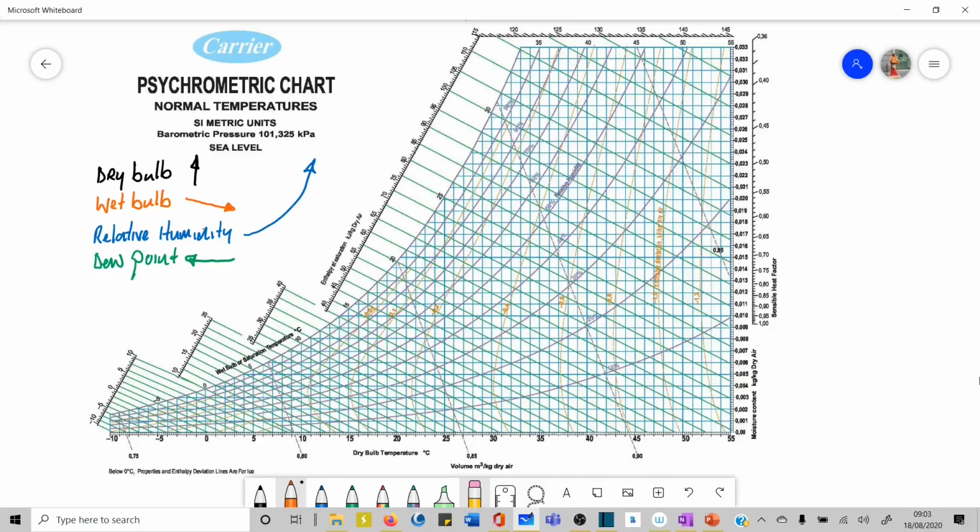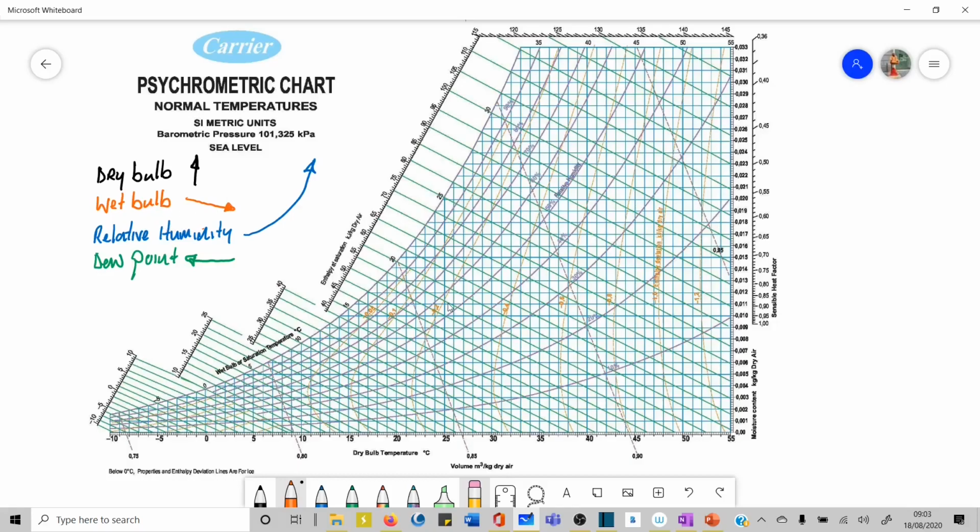What we're going to do is look at these different coloured entries on the left here. We've got dry bulb, wet bulb, relative humidity and dew point, and you'll notice that they're colour coded, and these arrows go in different directions to assist you in identifying the correct line against the correct meaning.